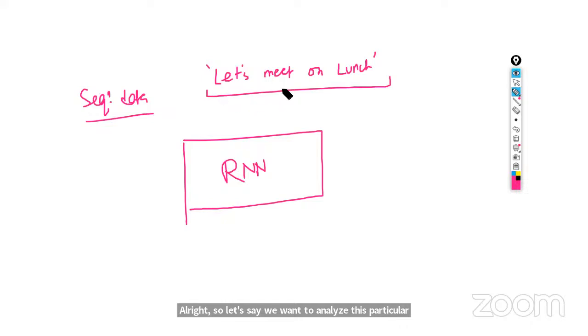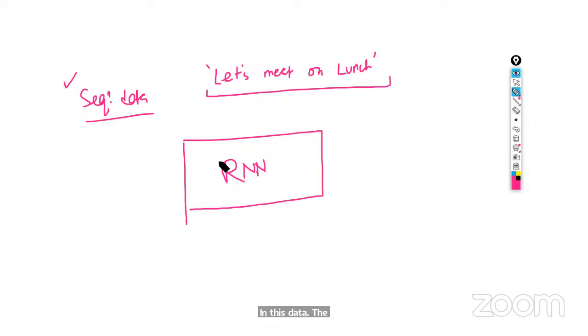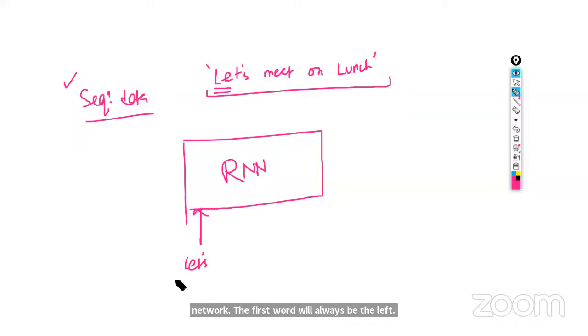So why are we calling this kind of data sequential data? The reason being, in this data, the first word will always be let's. You can't shuffle the order of these words, right? When we provide the input to this RNN network, the first word will always be let's, at a time instance t.